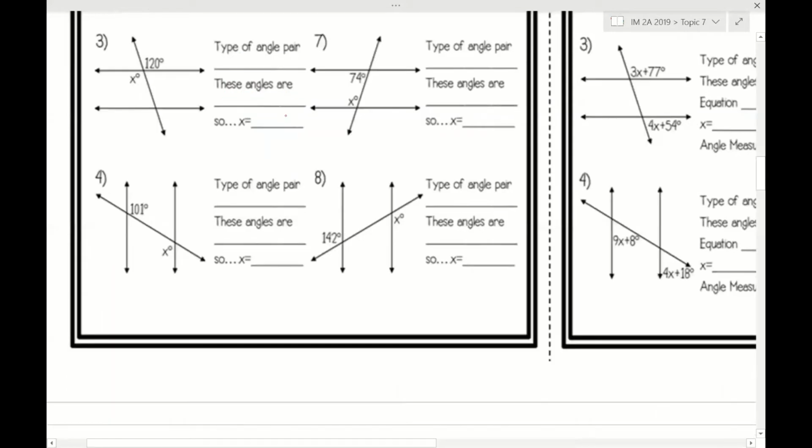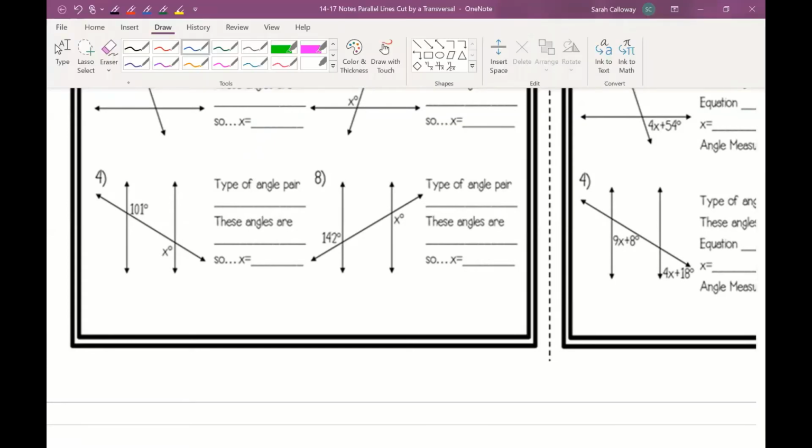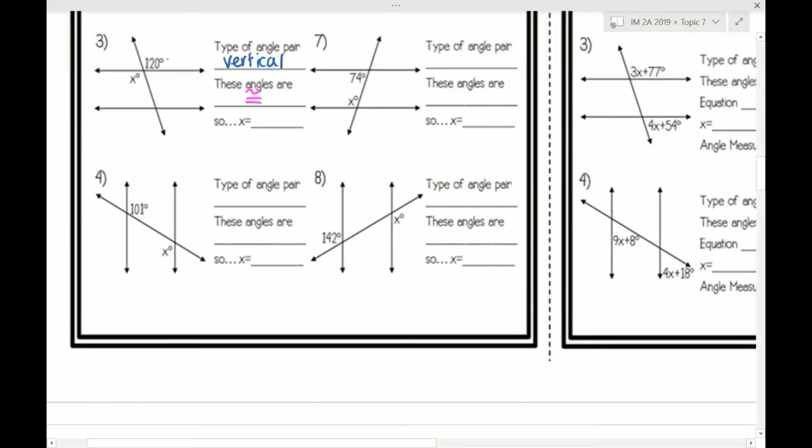For number 3, they both touch the same parallel line. When that happens and they're straight across from each other, these are vertical angles. Remember that vertical angles are one of our pairs of congruent angles. So these angles are congruent, which means that if that first angle is 120 degrees, that x is also 120.